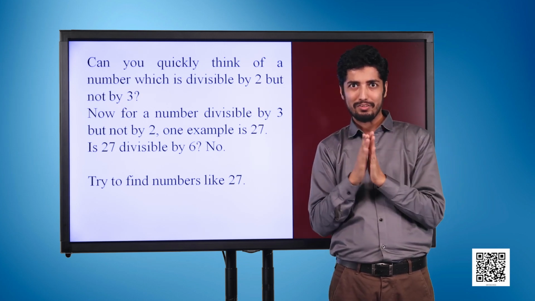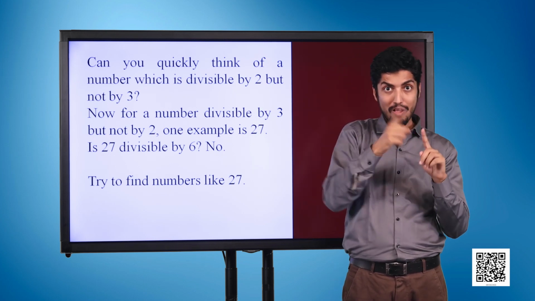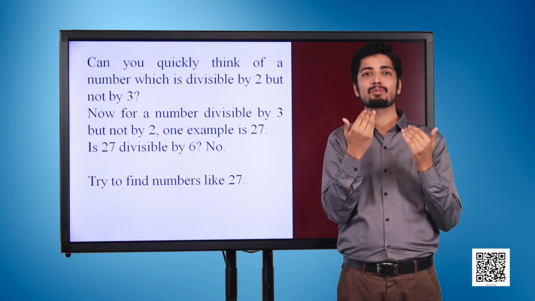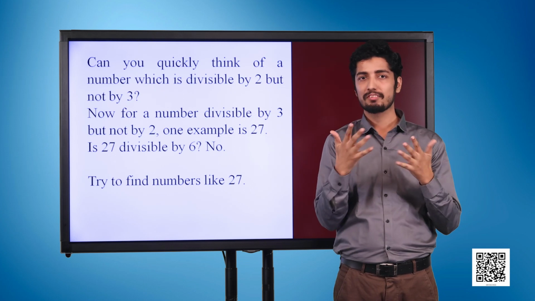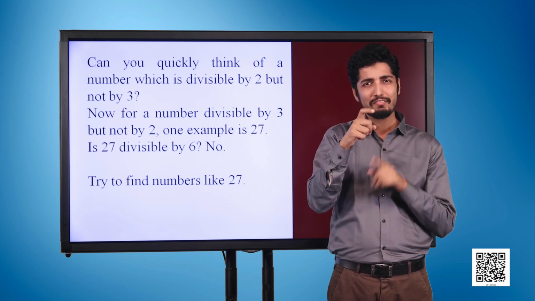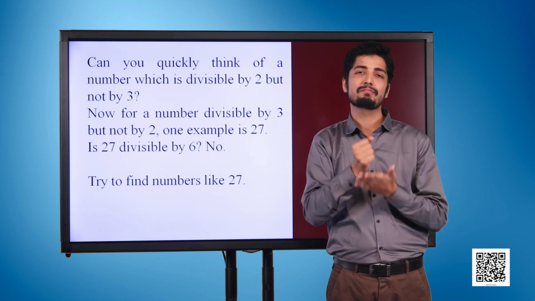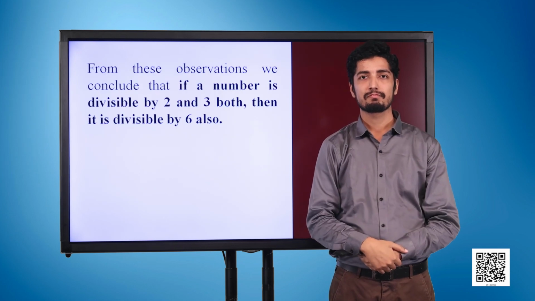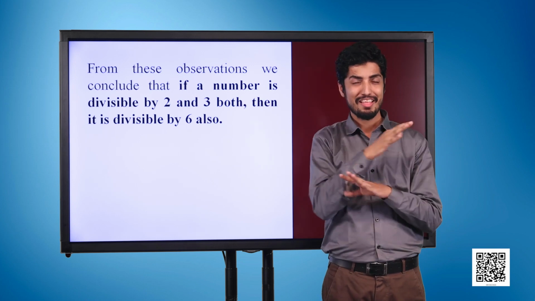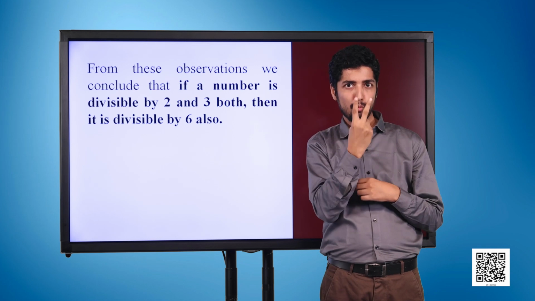Is 27 divisible by 6? No. Try to find numbers like 27. From these observations, we conclude that if a number is divisible by 2 and 3 both, then it is divisible by 6 also.